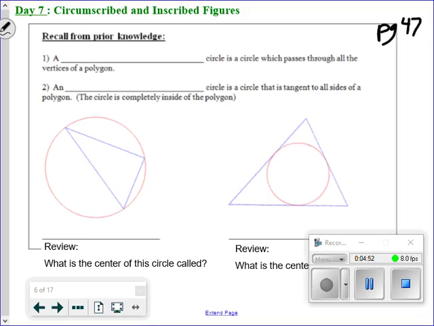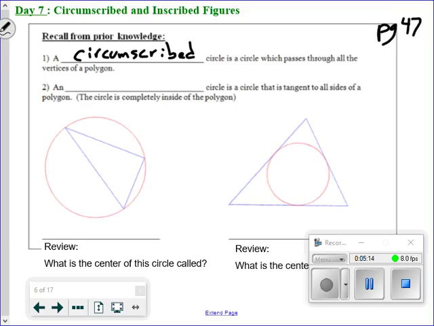And some of this stuff we've talked about before, okay? If we're going to put a circle around a polygon, it's called circumscribed. We did this before with centers of concurrency. The three perpendicular bisectors find the circumcenter.